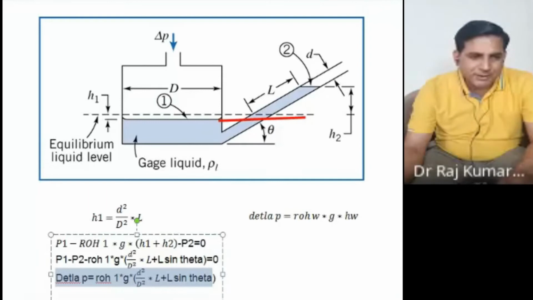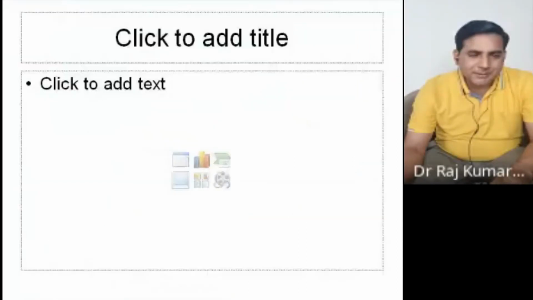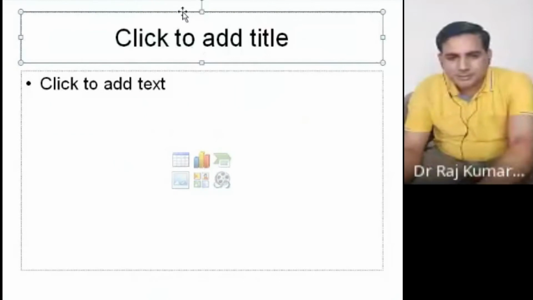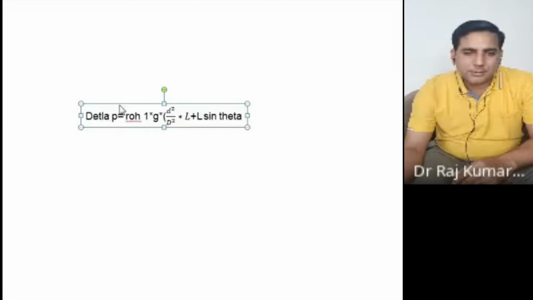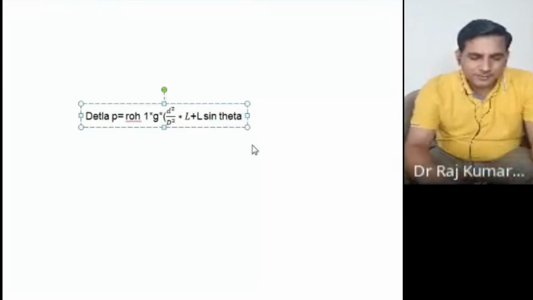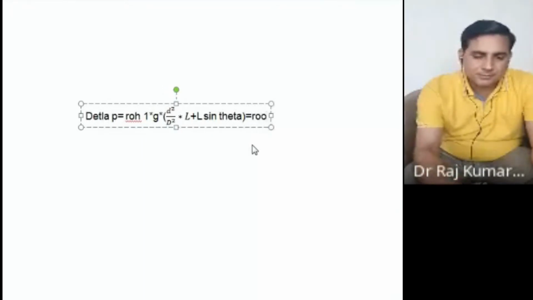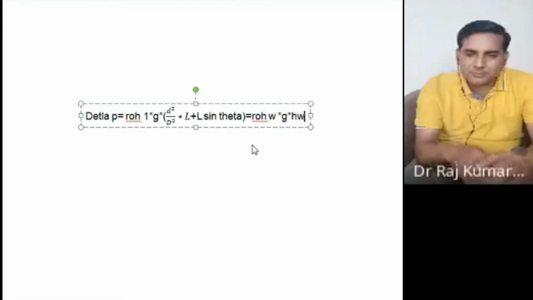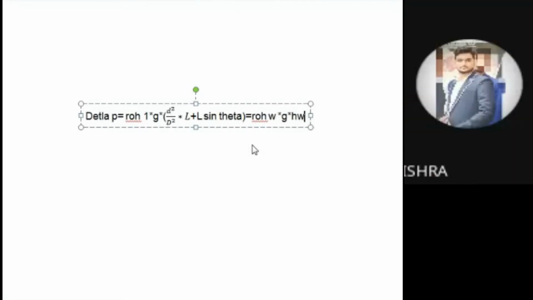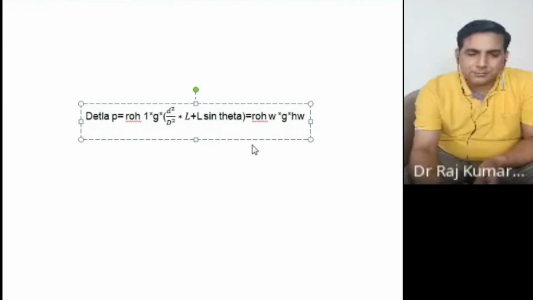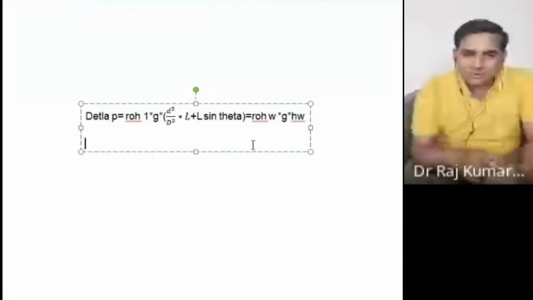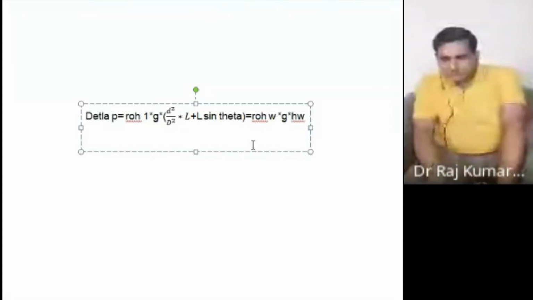So if you equate that here, what will you get? You have this, and this you are balancing by your rho of water multiplied by g multiplied by HW, right? So from here, what will you get? The equation of L upon HW.